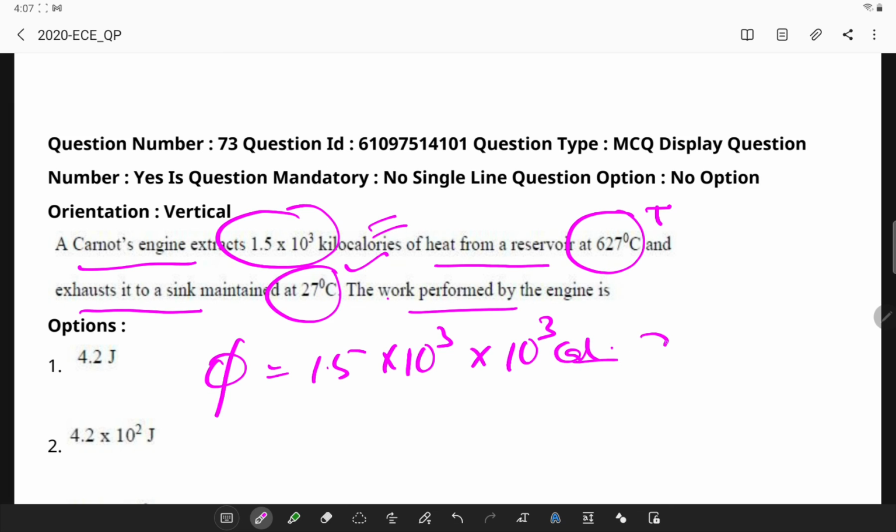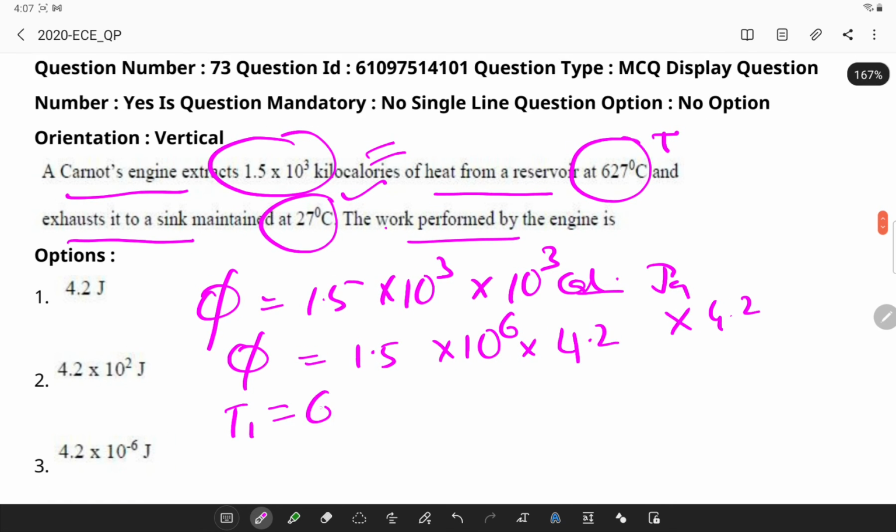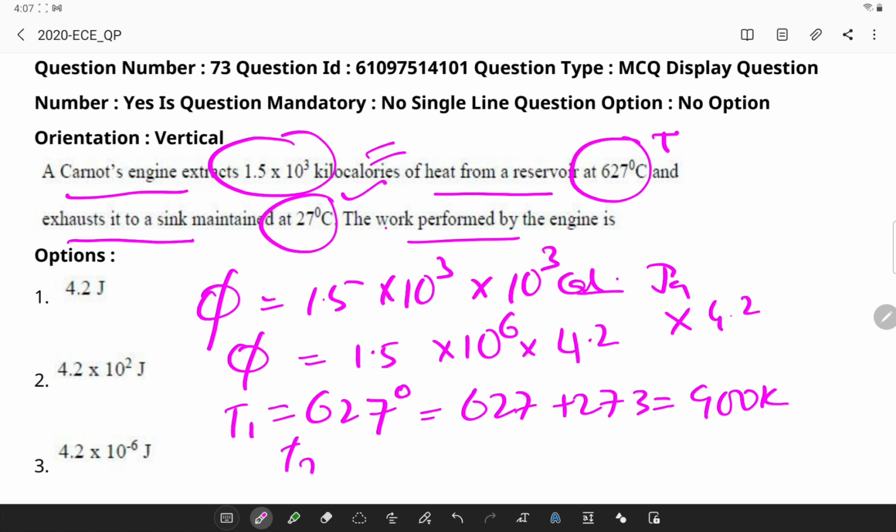To convert it into joules, I have to multiply with the factor of 4.2. So 1.5 into 10 power 6 into 4.2. Next, T1 is given as 627 degrees, which in Kelvin will be 900 Kelvin, and T2 is at 27 degrees, or simply plus 273, which will be 300 Kelvin.